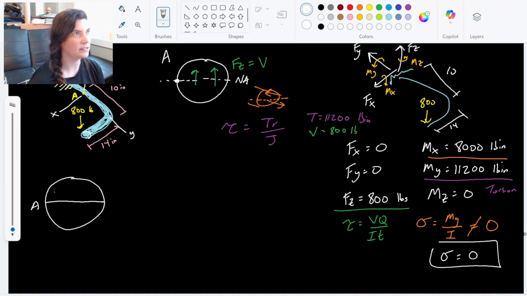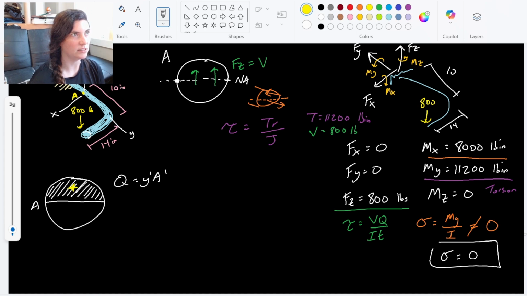Since A is here, Q is going to be this entire area above the centroid. Q is Y prime, A prime. A is going to be the area of the semicircle. And for that Y prime, we're going to have to look up the centroid value of a semicircle.